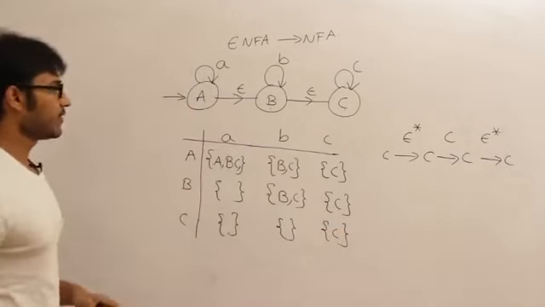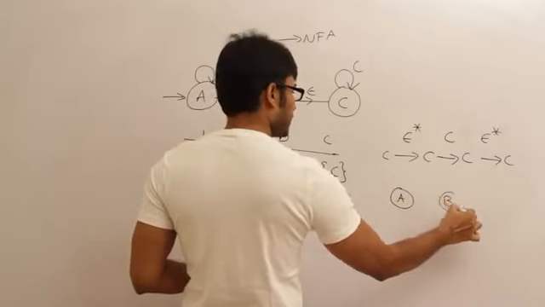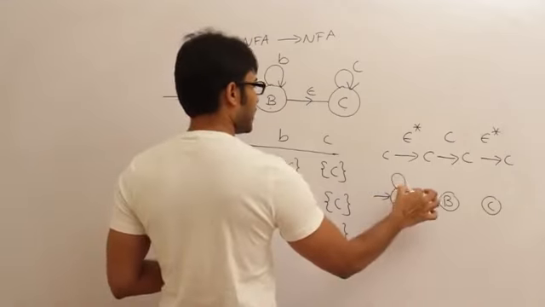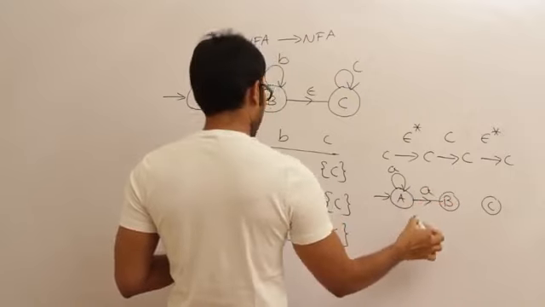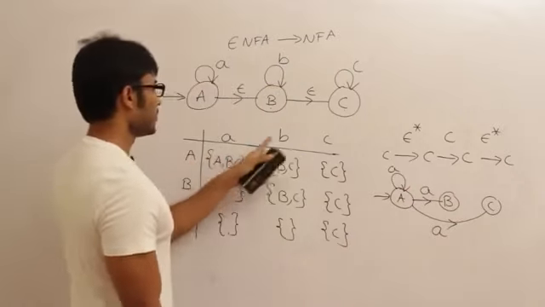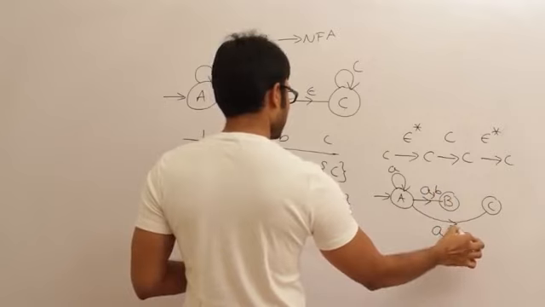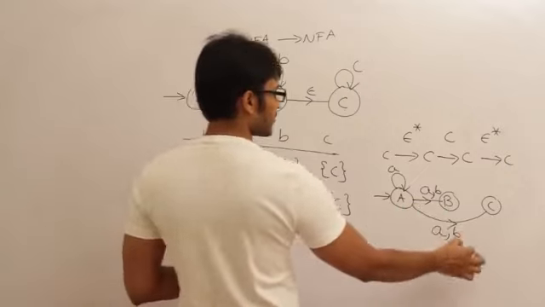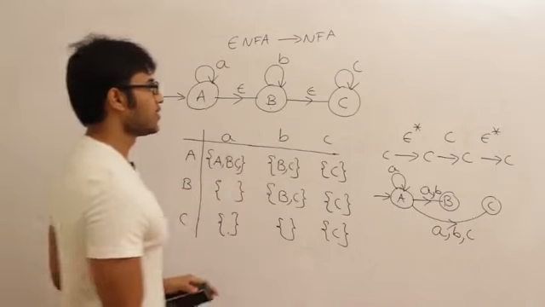So, if you draw the NFA for it, it will look something like this: capital A, capital B, capital C. On small a, it will either stay here, or go to B, or go to C. And on small b, it will go to B and C. And on c, it will go to C. Next one, capital B on small b is going to BC.